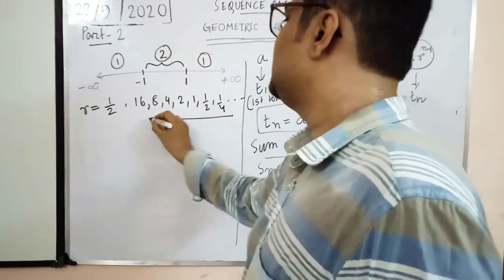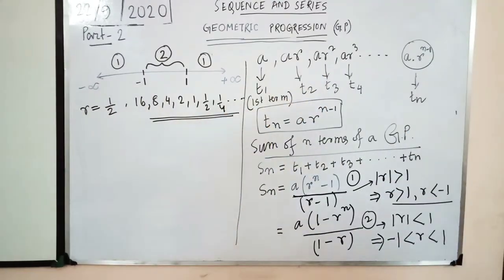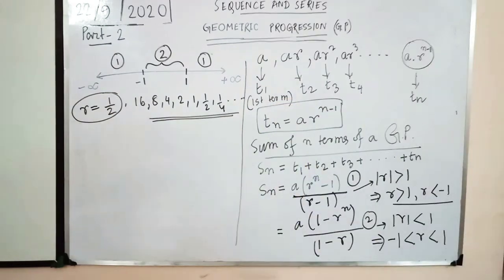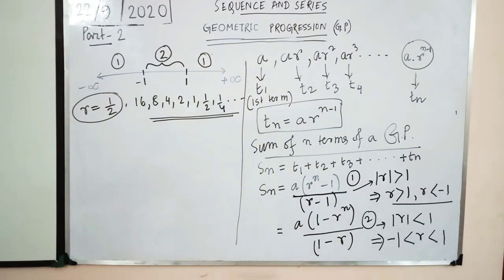See, the series is actually a GP series. Every time you are multiplying each of these numbers with half. So in this kind of series, if you want to find the summation of n terms, you use formula number 2.